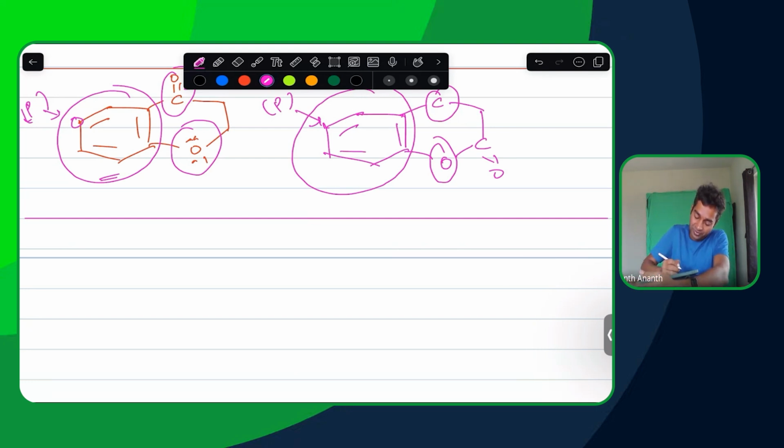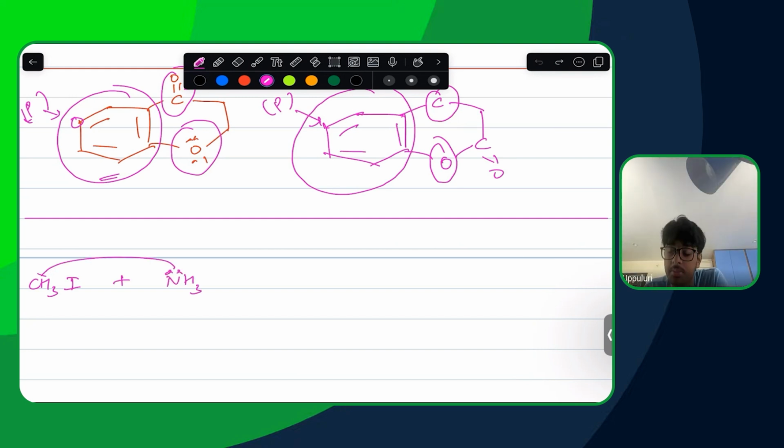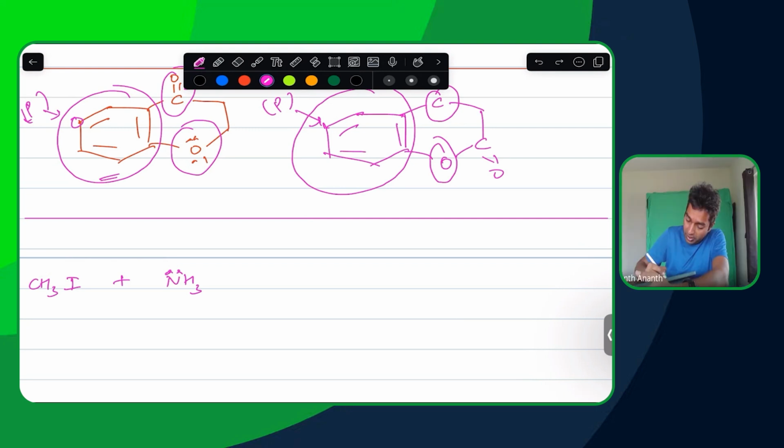So if I'm considering methyl iodide reacting with nitrogen, this fellow will go attack over here, and we will end up having a product obtained after multiple attacks. So A is probably going to be the worst here. B will probably be best. C will be second best. Answer is option C.